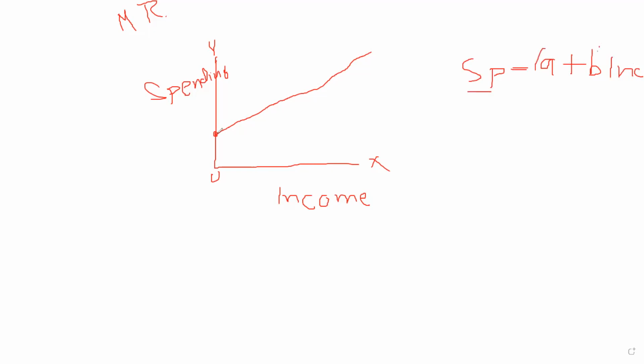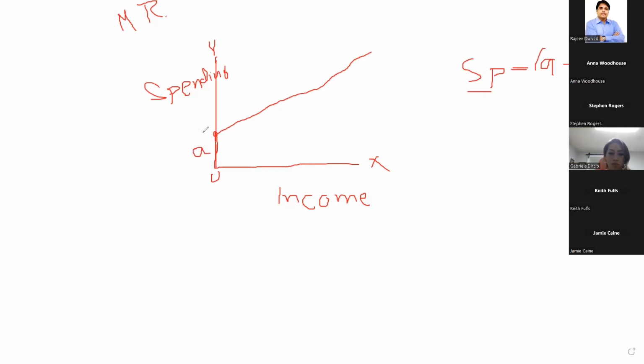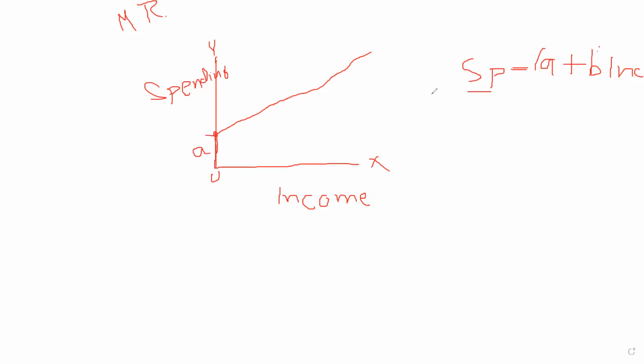So let me give you this. This distance is called the intercept, or this is called A. Whatever this intercept is, this is A. What is B? B is called the slope. So how do you get the slope? You put 2 points at any place on the line and draw perpendicular and horizontal lines.